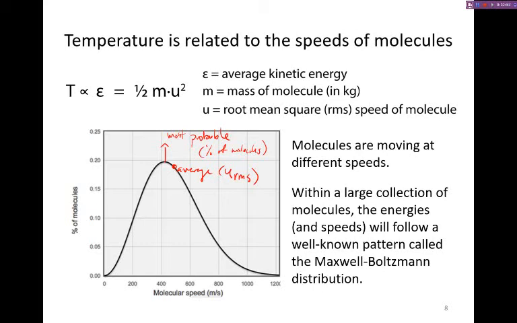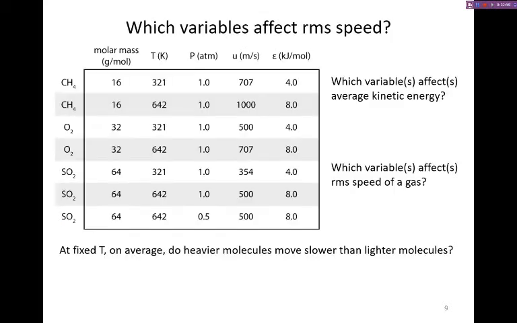And so when we take a look at the various variables that are affecting the RMS speeds, we can see when you do these experiments that the temperature is going to increase the average kinetic energy.